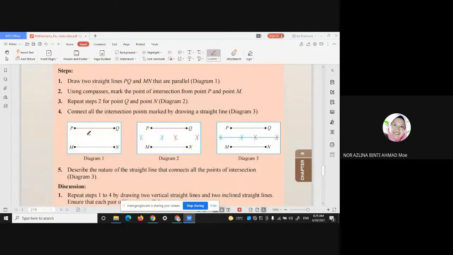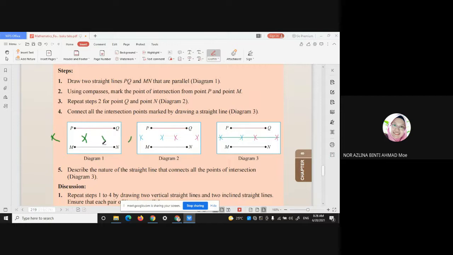Next, given 2 lines, draw the locus if the distance between the locus and these 2 lines are equal. The same method: you draw the curve using compasses, right and left, from M, and from P. Q is the same, left and right.